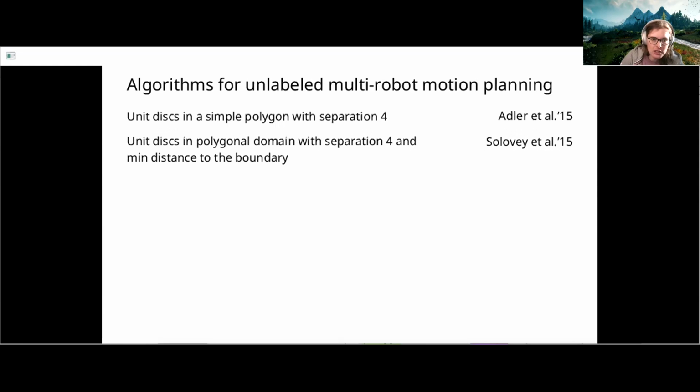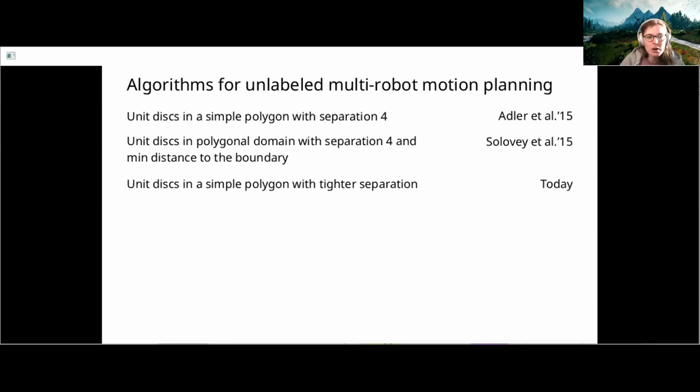There is also an extension looking into producing more optimal schedules, where on top of the separation between locations of the robots, we added some minimum distance to the boundary of this location. But I'm not going to talk about optimizing the schedule today. We're going to just stick to figuring out, is there a way of reconfiguring the robots or not?